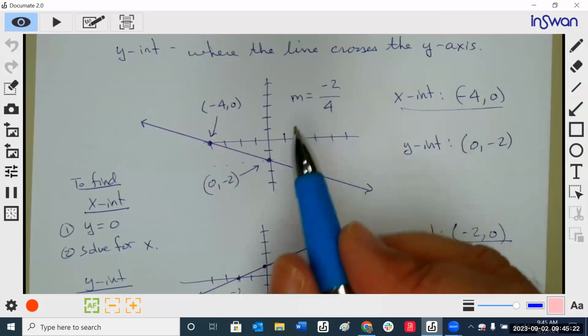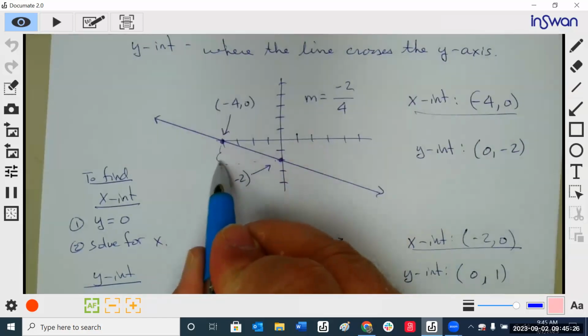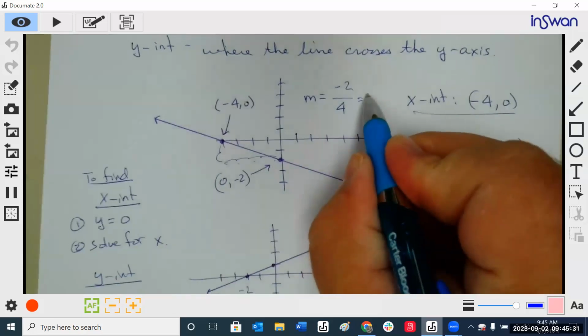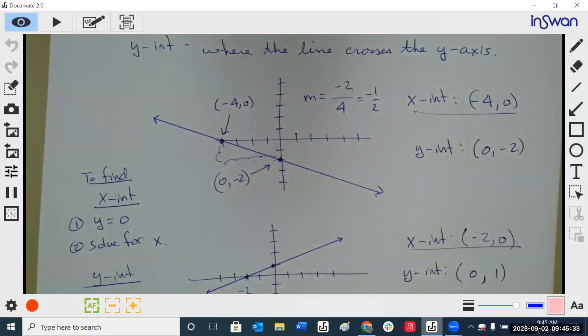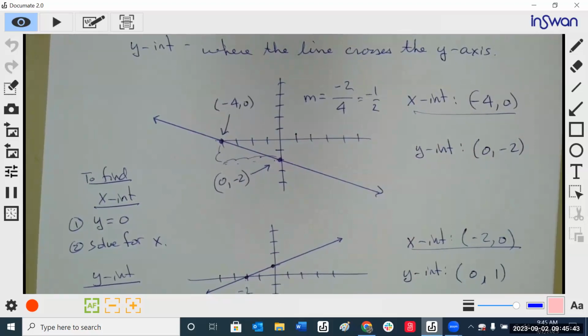Remember, slope is a direction. So from here I go down 2 and then over 4, 1, 2, 3, 4, which is negative 1/2. You would have gotten the same answer if you put 2 over negative 4, it's still negative 1/2. But the slope represents the direction from one point to the next.